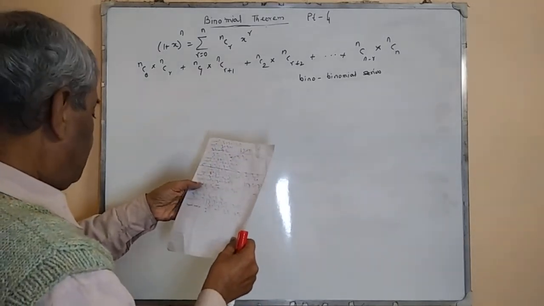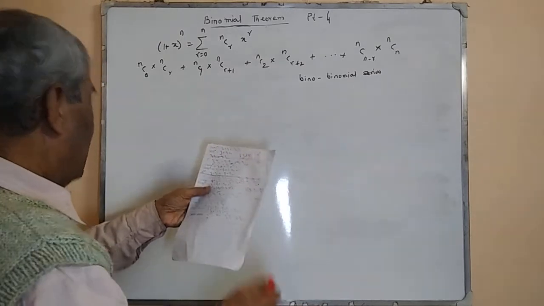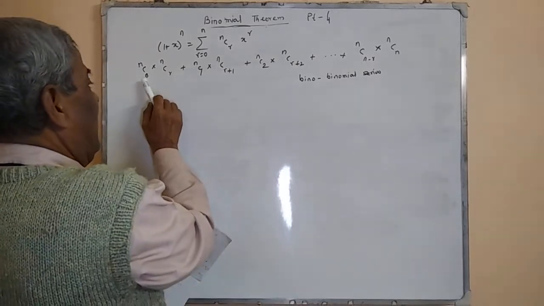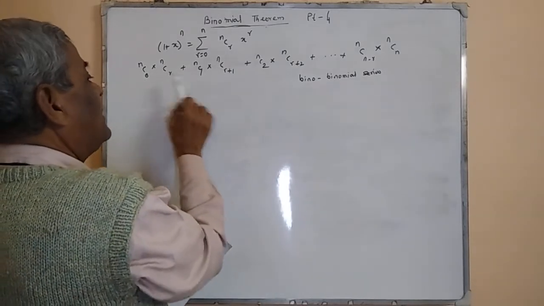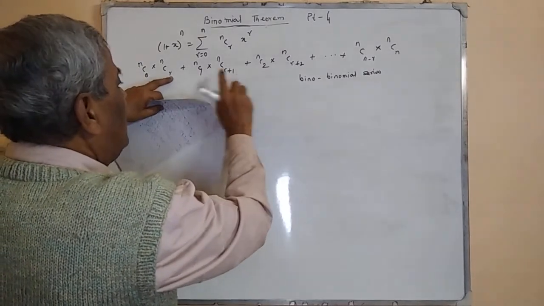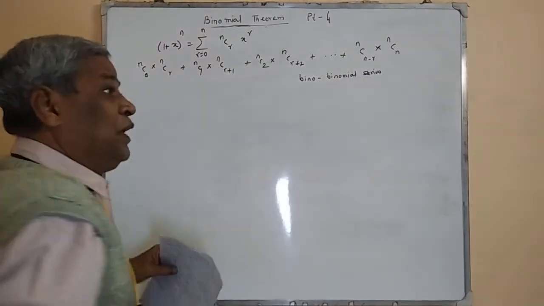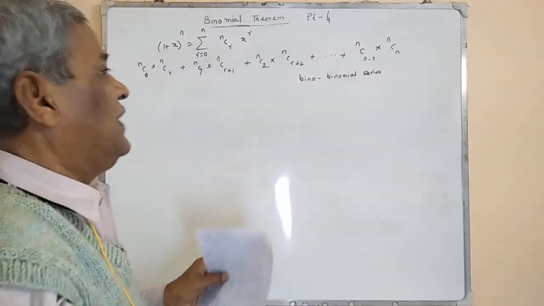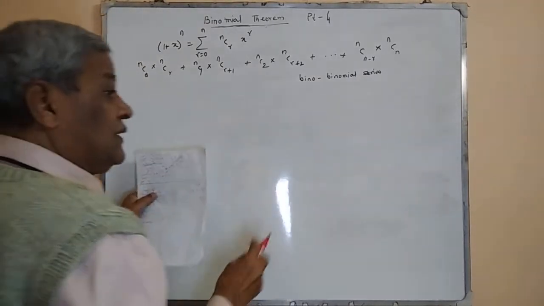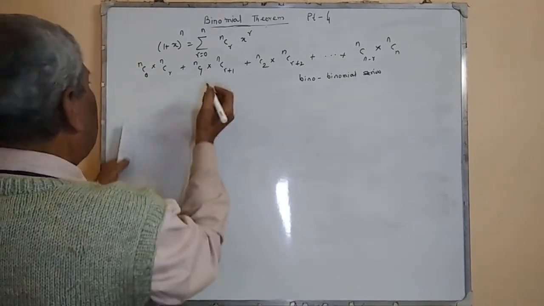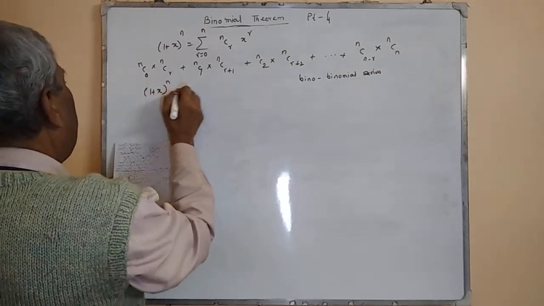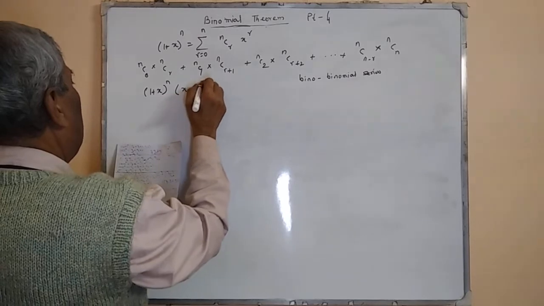So, if we see that both this and that are increasing, both suffixes are increasing, then we consider this series like that: (1+x)^n and (x+1)^n.